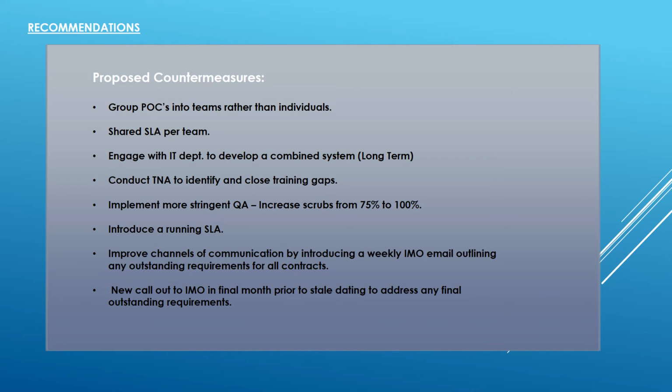I wanted us to engage with the IT department. I wanted to develop a combined system that will help us from end to end, a system that will actually communicate with our outside sources. The problem with this was that it was a very long-term solution. This was never going to be fixed within the short time frame of a project like this, but what it did do was get interactions between the IT departments and the operations departments.